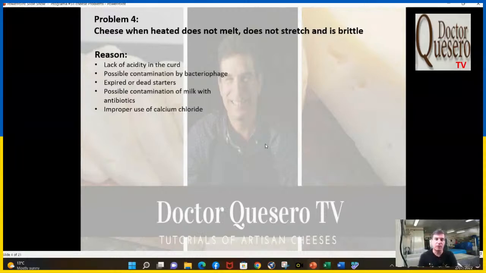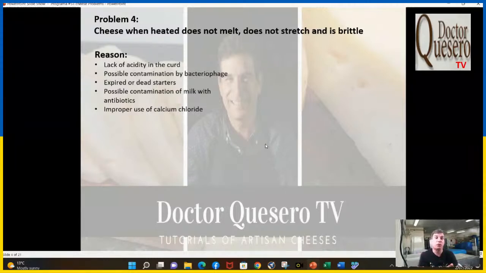That's not good. When you are making stretchy cheeses with chemical acidification, you will not need to use calcium chloride. Okay, but they do, because they don't know. So that's an improper use of calcium chloride.